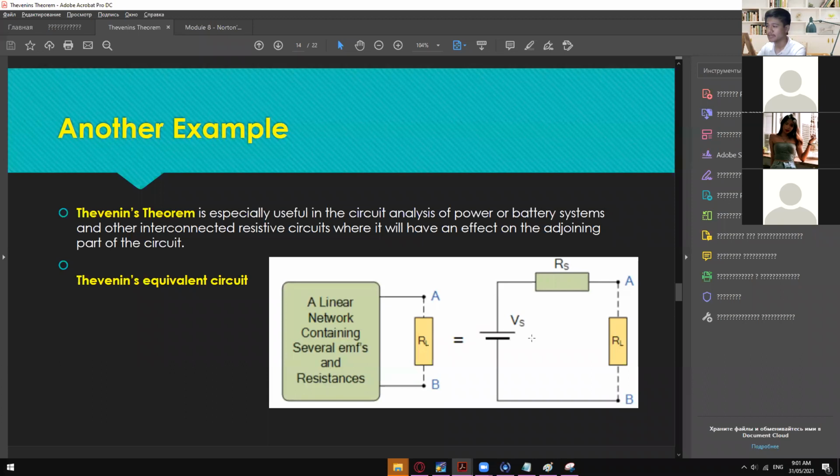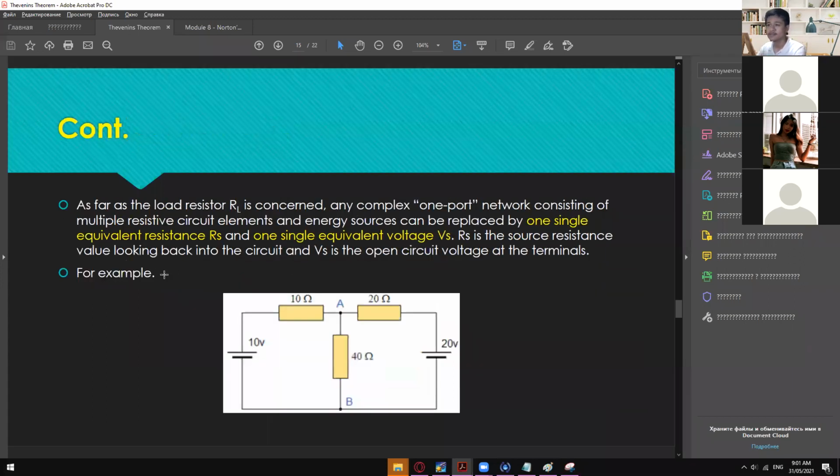Again, it leads us to the same circuit, wherein we have the Thevenin voltage, which here is just Vs, and the Thevenin resistance, which here is called RS. Just a different naming, but the RL is still the same. As far as the load resistance RL is concerned, any complex one-part network consisting of multiple resistive circuit elements and energy sources can be replaced by one single equivalent resistance.